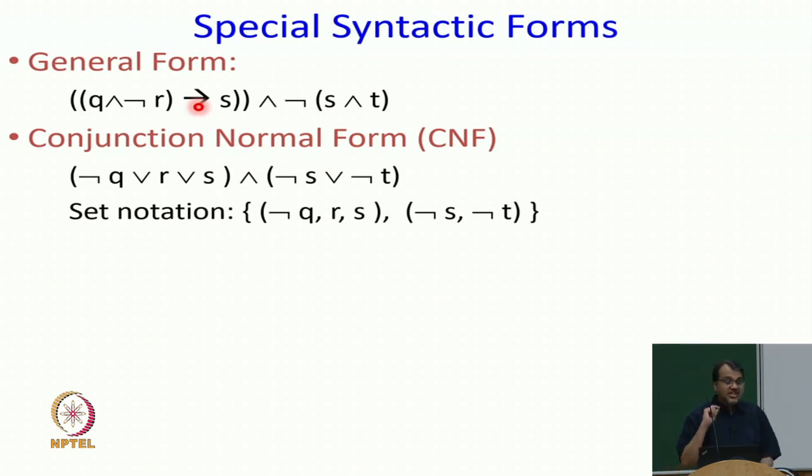One is called the conjunctive normal form, a CNF. Now this is very important because it's a canonical form. A canonical form is one into which any general form can be converted. I mean any sentence in any form can be converted into this canonical form, a CNF notation. Everybody knows the CNF notation?